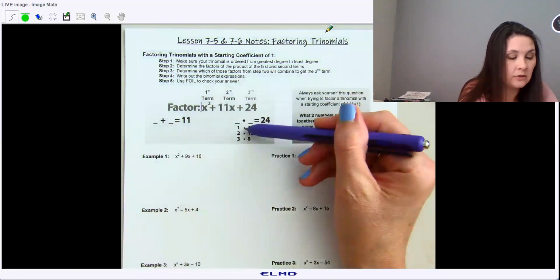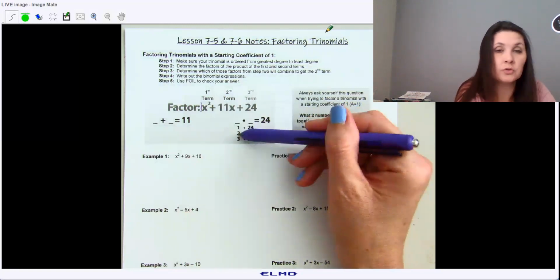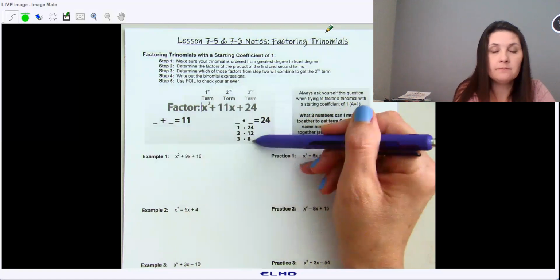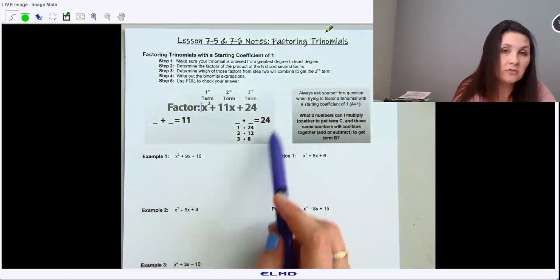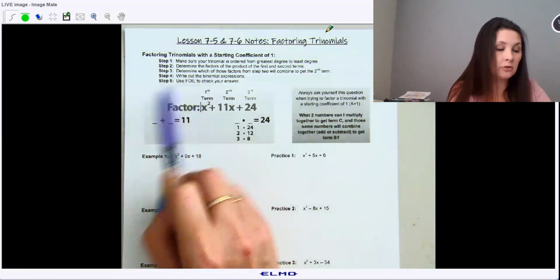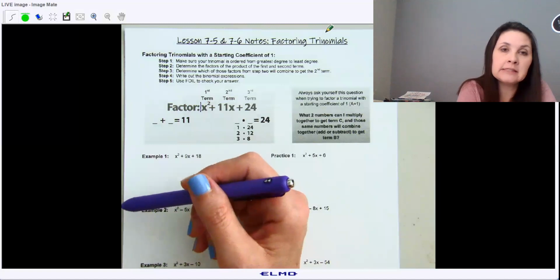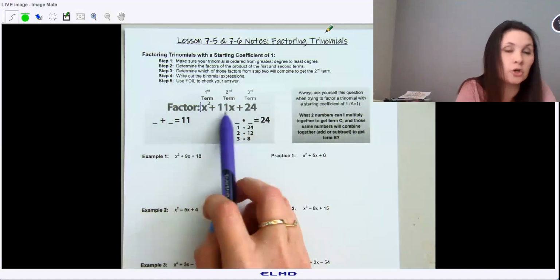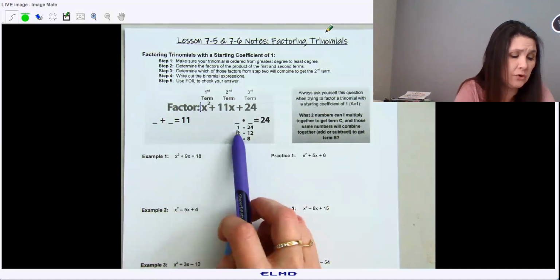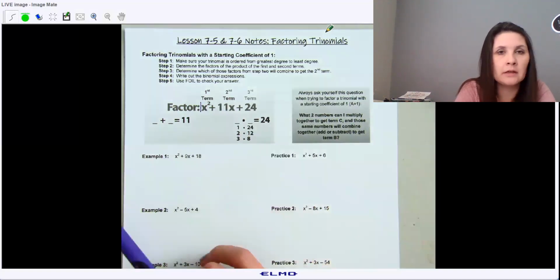So here they've listed the factors of 24: 1 times 24, 2 times 12, and 3 times 8. Once you've done that, you move on to step number 3, which says determine which of those factors from step 2 will combine to get the second term. The second term is 11. So 1 plus 24 is 25, and 24 minus 1 is 23.